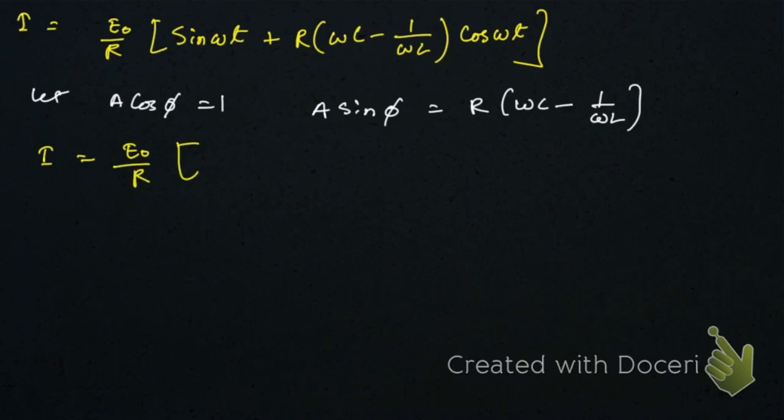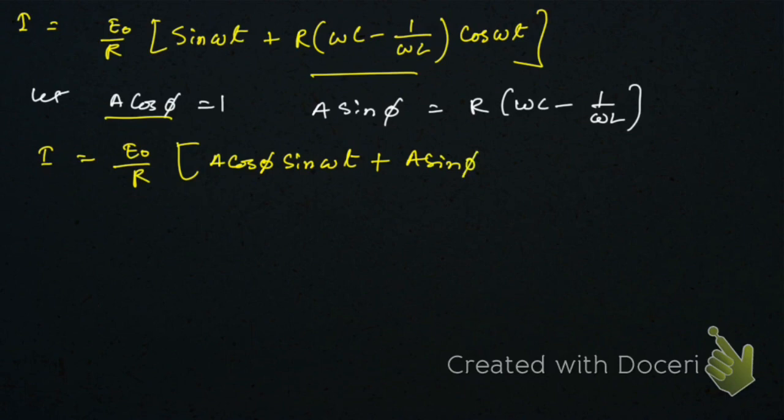So here you see there is nothing, which means you can assume there is 1 here. And doing so, 1 is equal to a cos phi. So a cos phi, that is sine omega t, plus this can be replaced by a sine phi cos omega t, right?